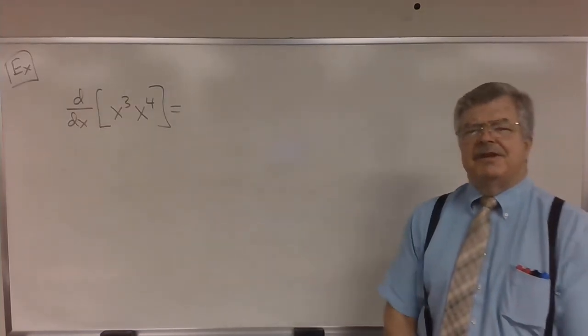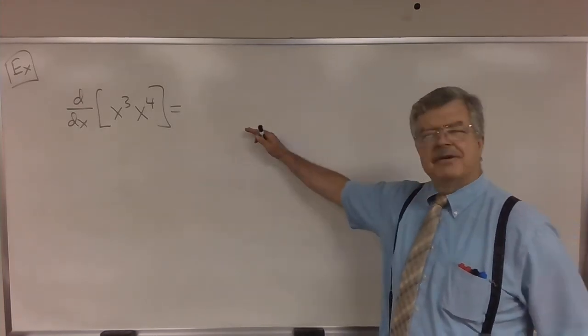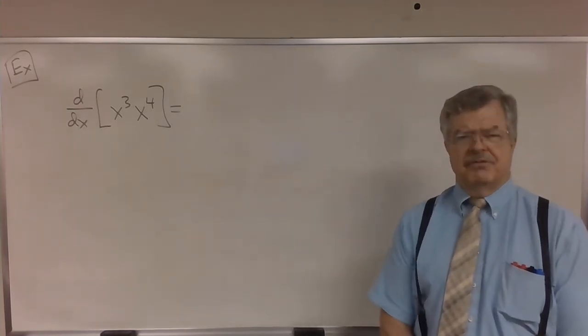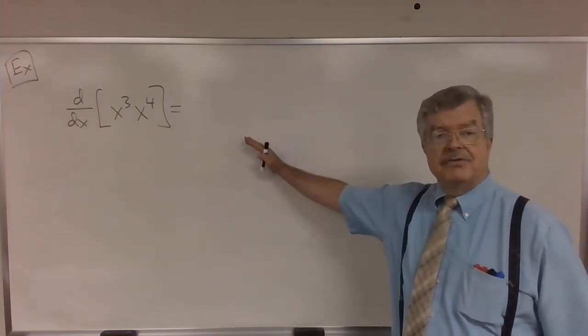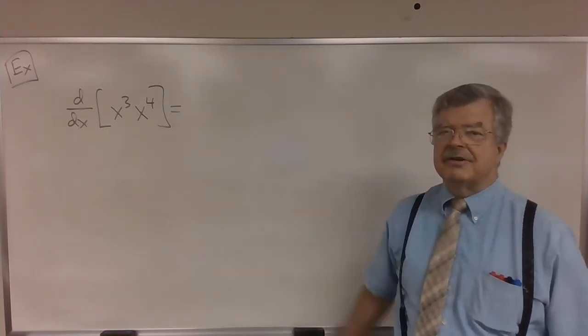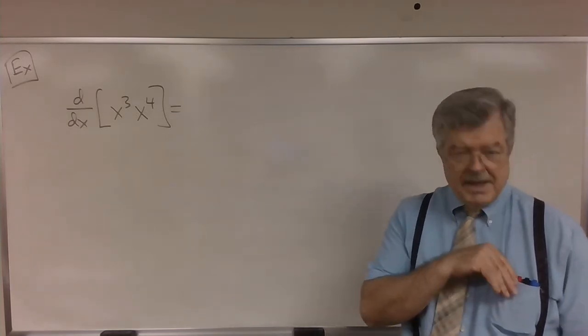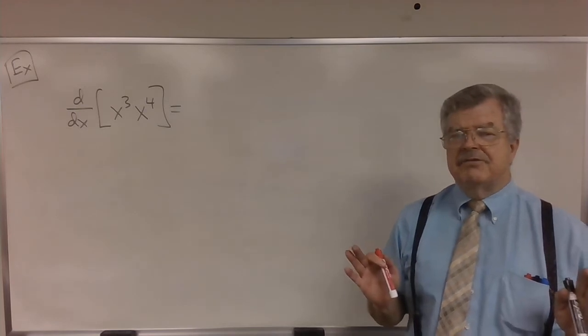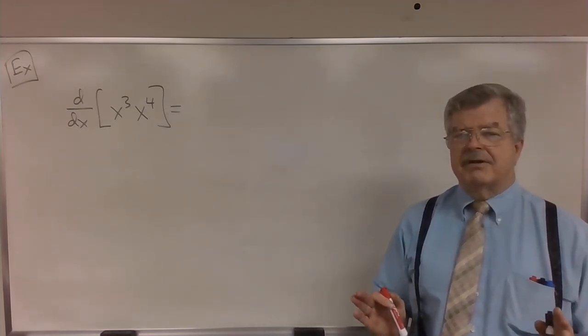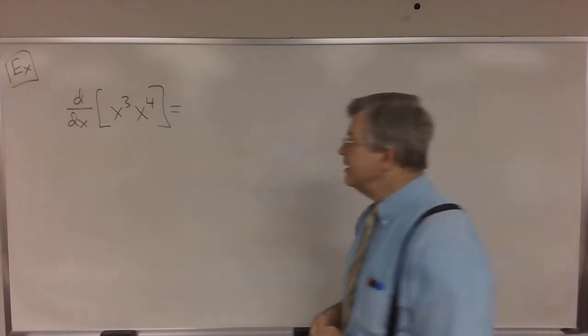It only seems fitting that for our first example using the product rule, we'll use the same example that we used for our test case just a couple minutes ago. And here's what I'm going to do. I'm going to make sure that I apply the product rule and apply it correctly.